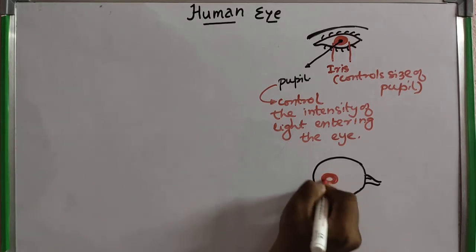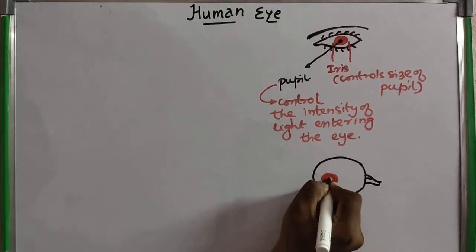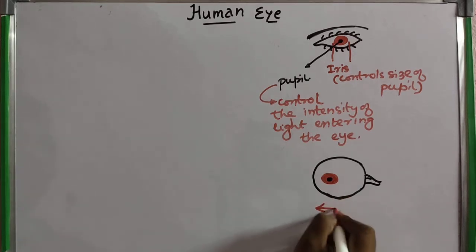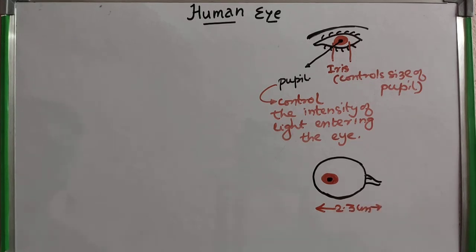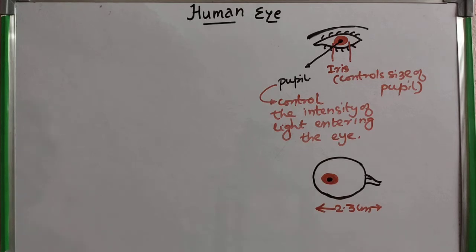This is my iris, and at the center we have the opening called the pupil. The size of the eye is approximately 2.3 centimeters. This is the average value also. So it's very small, just 2.3 centimeters.